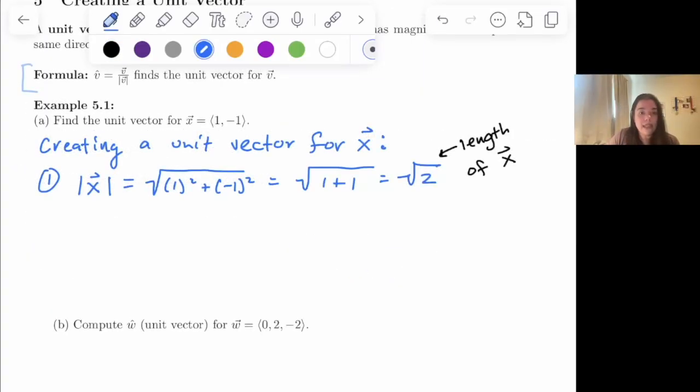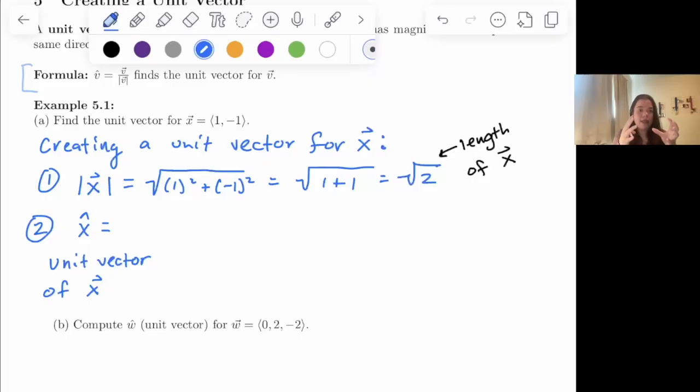Now that we know the length of x, the next step is to create the unit vector part. You might call this x hat, depending on the book, text, or whoever teaches you. If you use this notation, x hat represents the unit vector of vector x. And you find this by scaling the vector down.